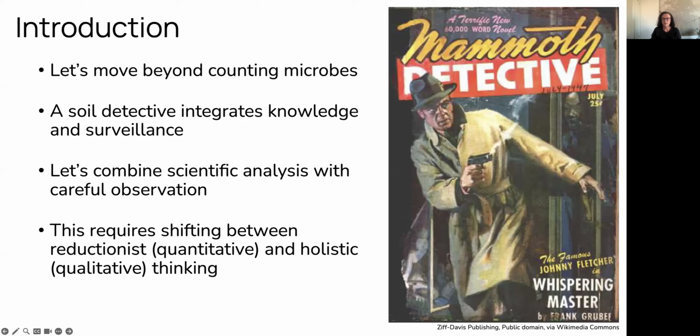So let's combine scientific analysis with careful observations, because that's a way to uncover patterns that reveal soil function, soil health, and the needs the soil actually reveals to us. This requires shifting between reductionist, quantitative thinking and holistic, qualitative thinking.